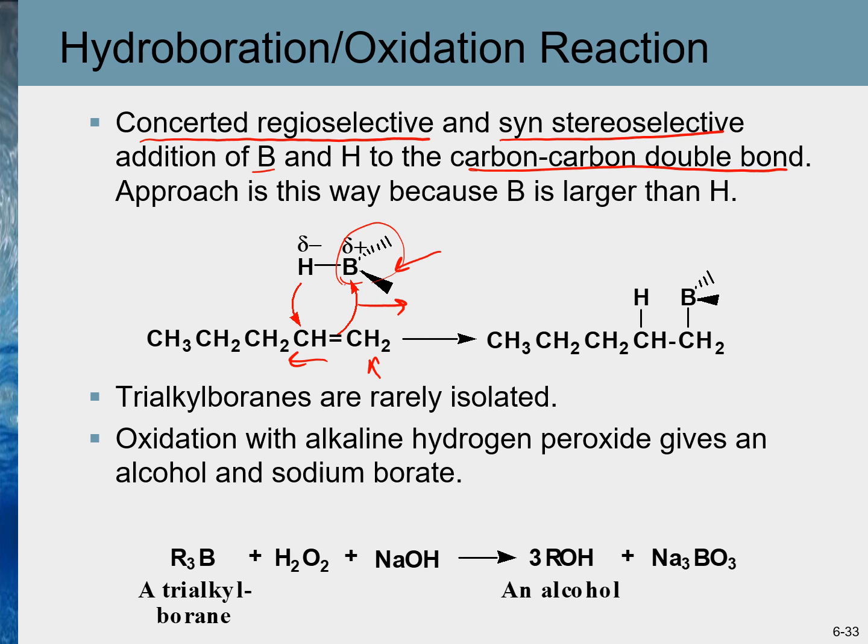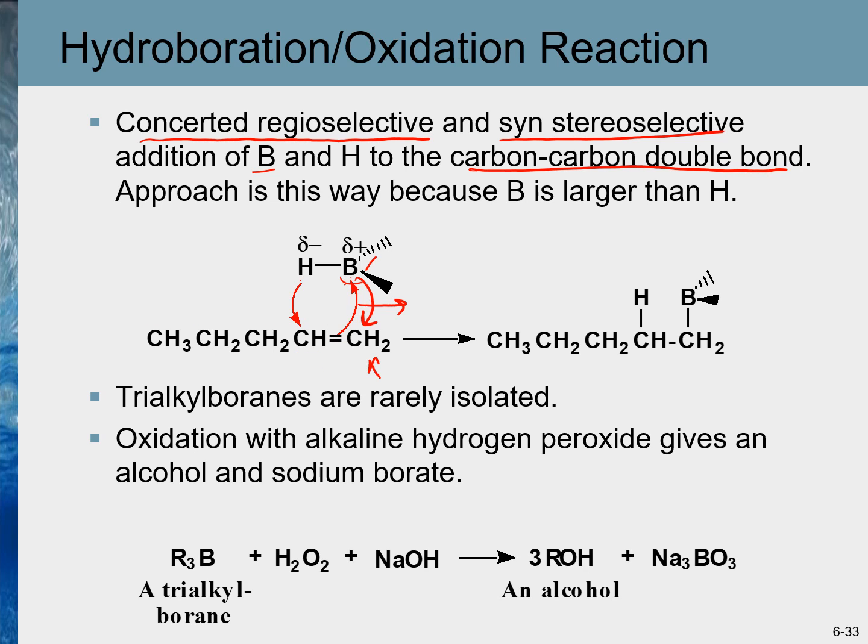This is because boron is a larger atom than hydrogen, and because of the steric repulsions between the alkene chain and the boron, these steric repulsions orient the borane molecule in such a way that boron atom is closer to the first or less substituted carbon atom, and hydrogen is oriented towards the more substituted carbon atom.